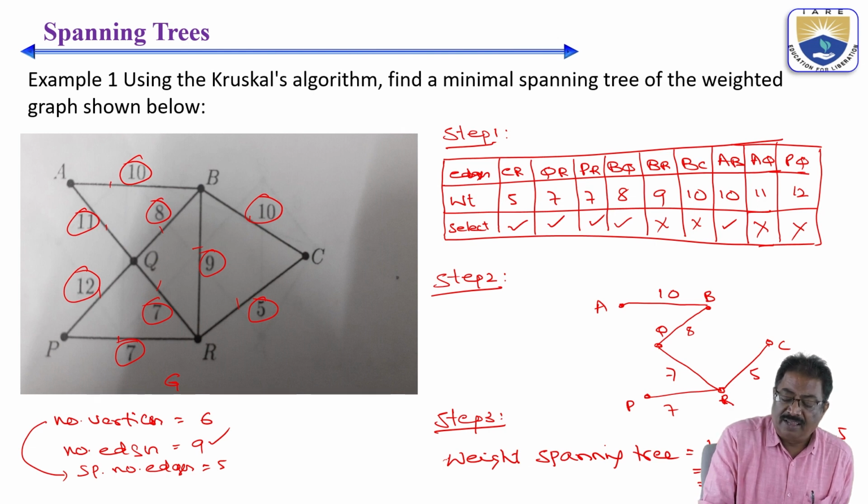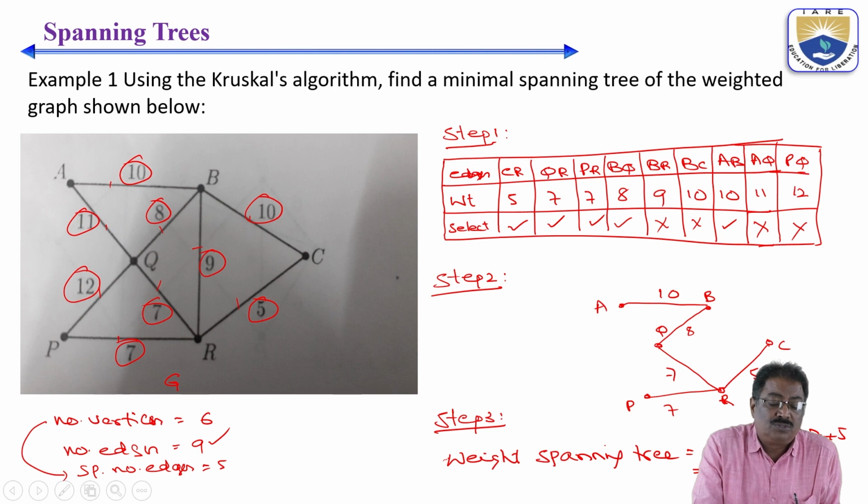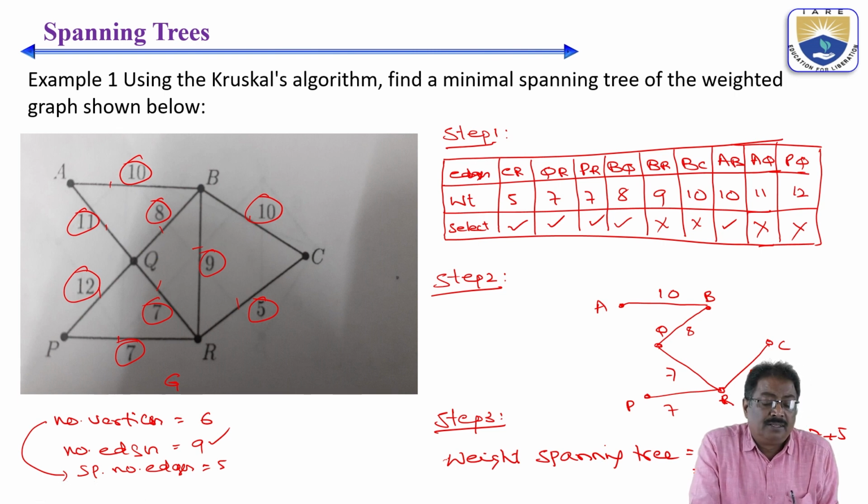So this is 18 plus 19. So it is nothing but 37. So 37 is the weight of that.